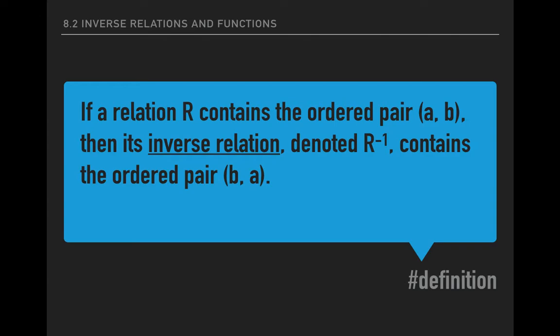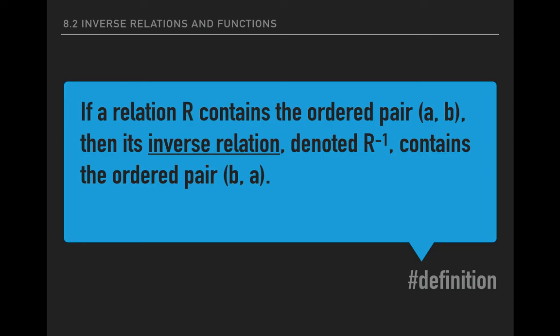Let me start by describing what an inverse relation is. If a relation, and it could be called R, contains the ordered pair (a, b), then its inverse relation, which you would denote R to the -1 power, that is the symbol for inverse, will contain the ordered pair (b, a).